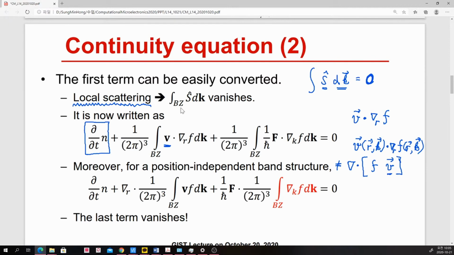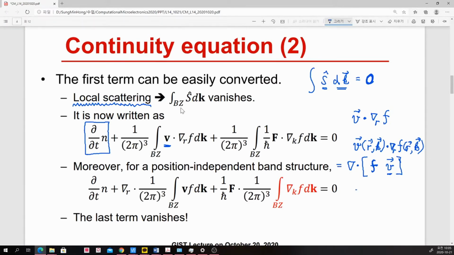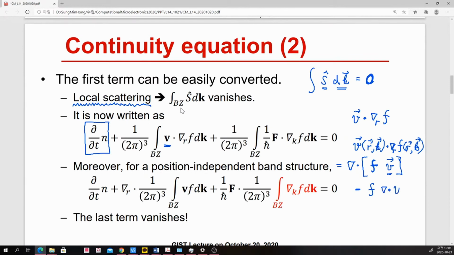So then what we have to do in order to have equality here is just minus F times this additional term, which is required to have the equality. Okay, this is just nothing but a vector identity.